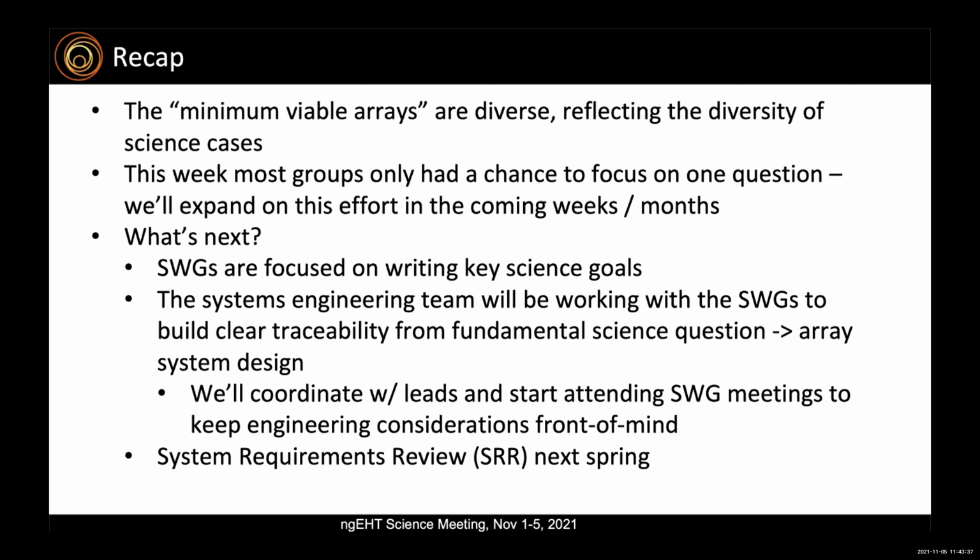The science working groups are focused on writing these key science goals documents, so that we have a clear understanding of those goals and their implications. We have a systems engineering team now, and you've met most of them. We'll be working with the science working groups, building a clear traceability from question to design.